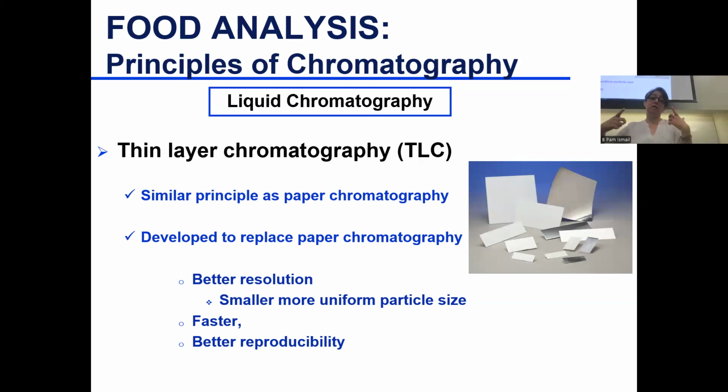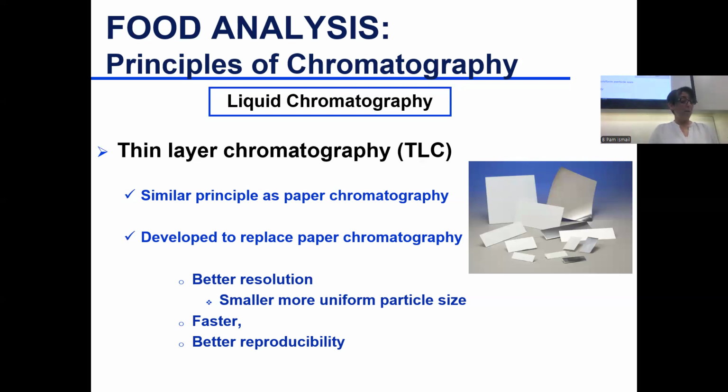When I was a student, it was glass and inert. And then you have a layer of silica mostly, a very thin layer of finely divided particles on the surface. So uniform small particle size. With that, we have better separation.